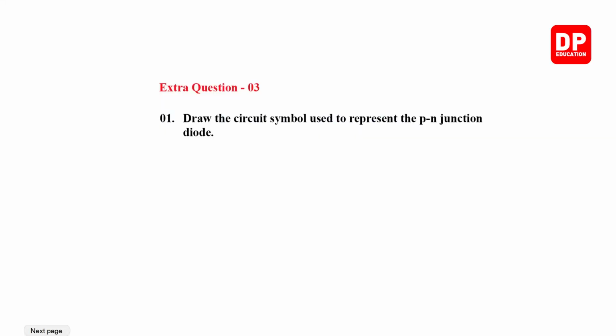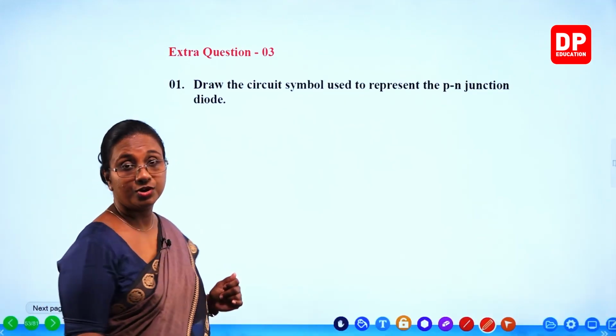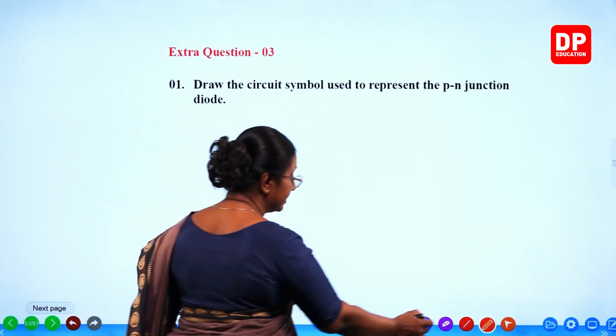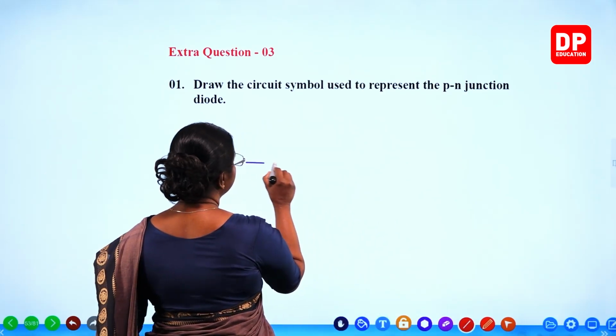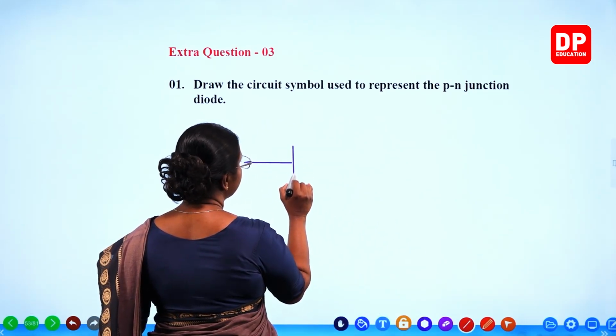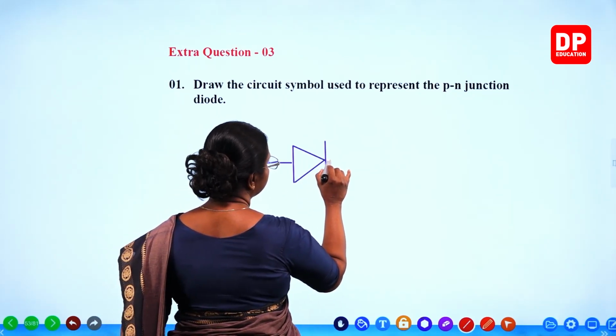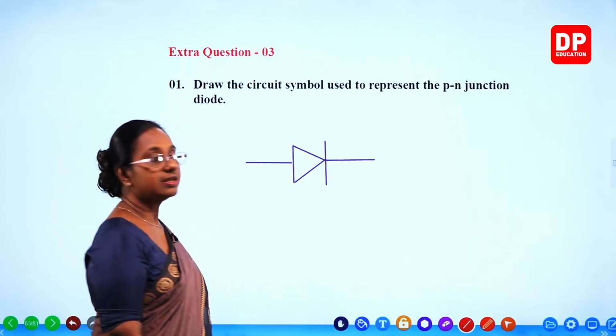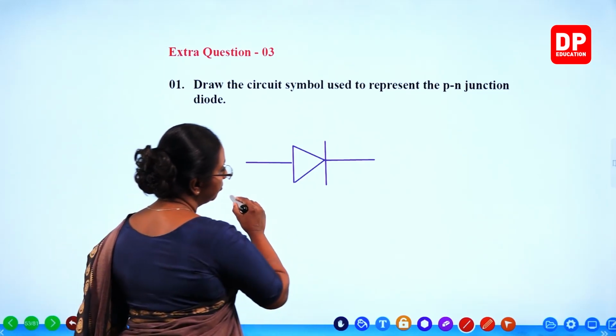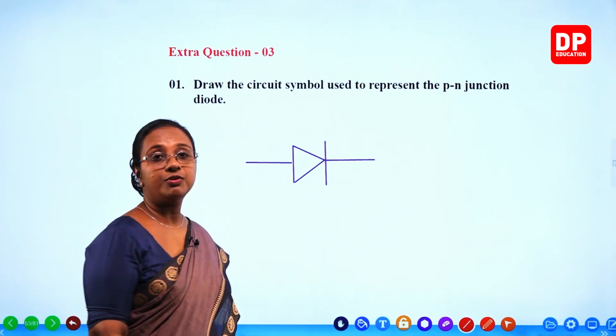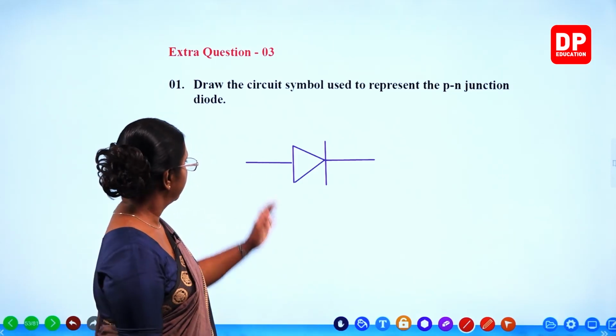Extra question 3. Draw the circuit symbol used to represent the PN junction diode. You are familiar with the circuit symbol. For the PN junction diode, we use a triangle like that. So that is the circuit symbol. And here you all know the direction of the current flow is going to be that way.